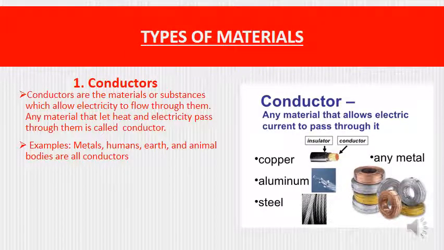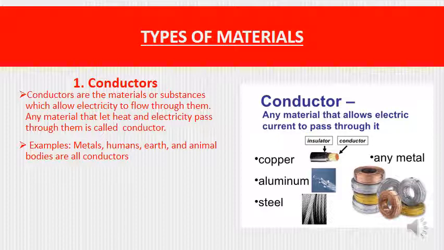Types of materials. There are two types of material. Number one, conductors. Conductors are materials or substances which allow electricity to flow through them. Any material or substance that let heat and electricity both pass through them is called conductor. The simplest example of conductor is metal cooking pot.